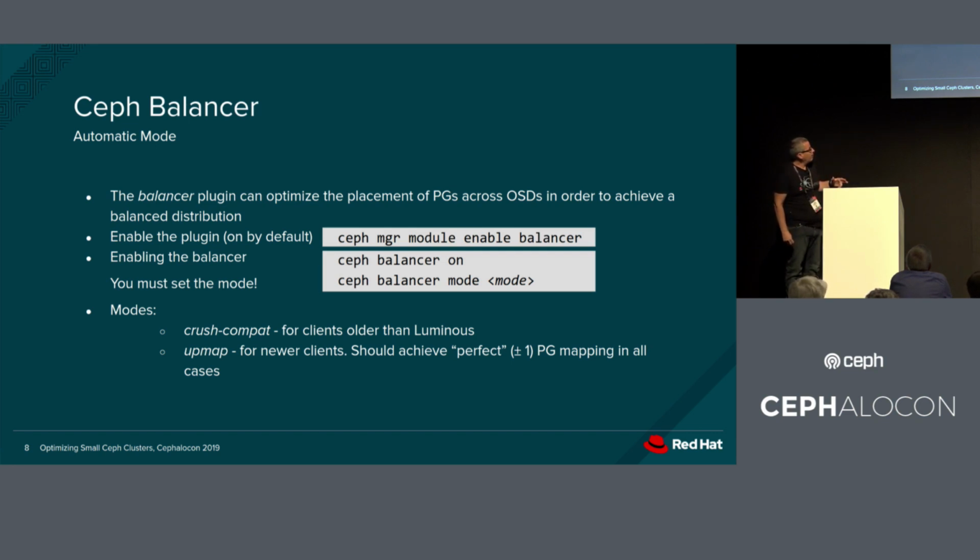We have the upmap mode, which requires newer clients, but it should achieve a perfect mapping, which means that if you look at the OSDs per pool, the difference between the highest and lowest number is 1. It's not exactly plus or minus 1, it's a difference of 1. So all the OSDs get the same number of PGs mapped to them.